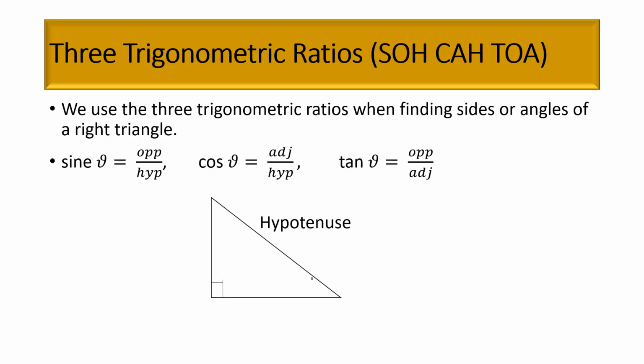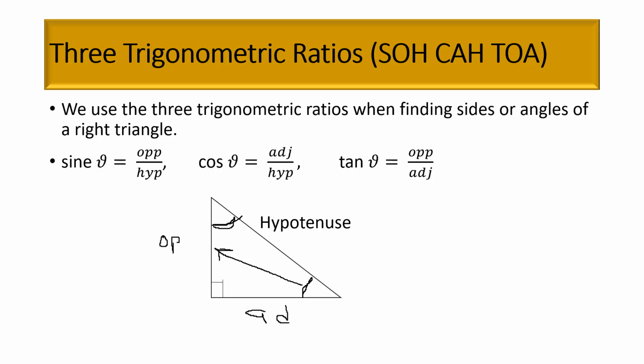Let's take, for instance, this angle. If that is the given angle, opposite to that angle will be your opposite side. Then the side where it's lying is the adjacent. The hypotenuse means the longest side. Now let's say the angle is here.